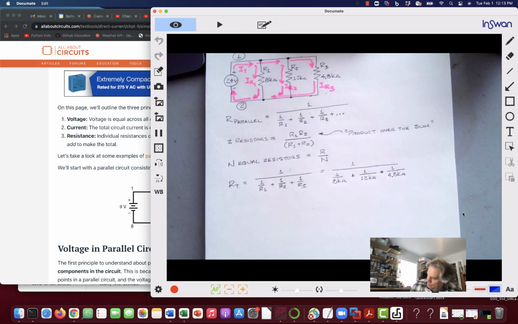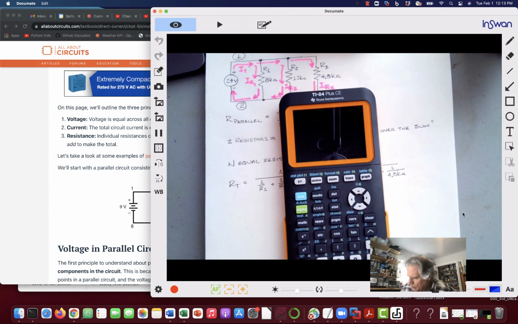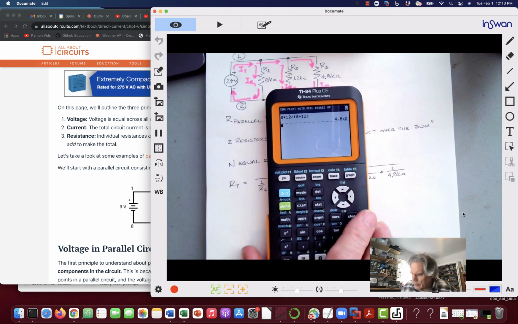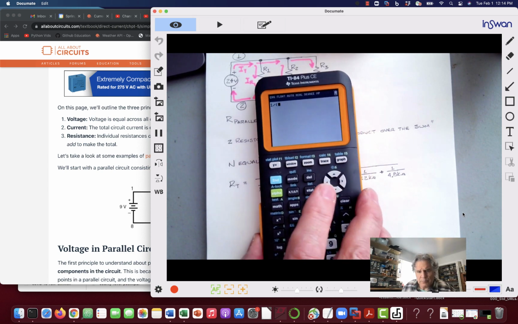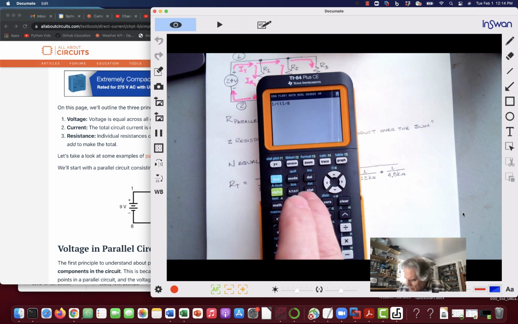All right, so let's bring into play our calculator, and let's try this. I'm going to do 1 divided by, put a parenthesis down here to hold the entire denominator, and then I'm going to put another parenthesis. I'm going to say 1 divided by 8. Now they're all k, so I could just say 8, but let's do the right thing here.